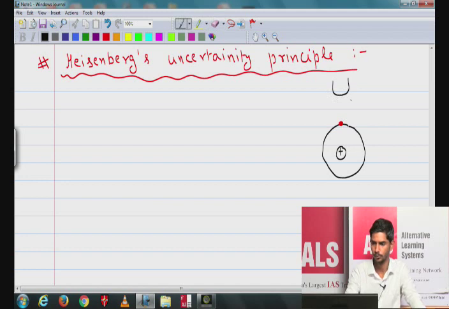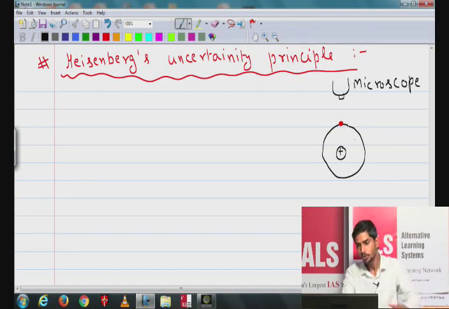This is our microscope. This is the natural path of the electron, that the electron should move in this direction.